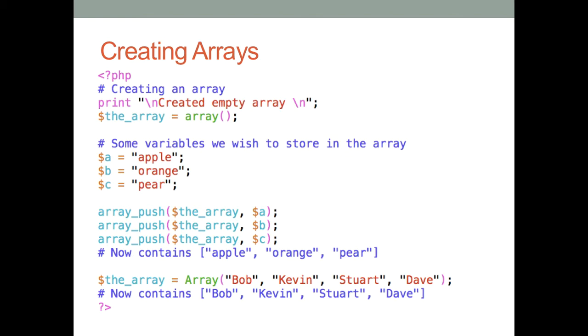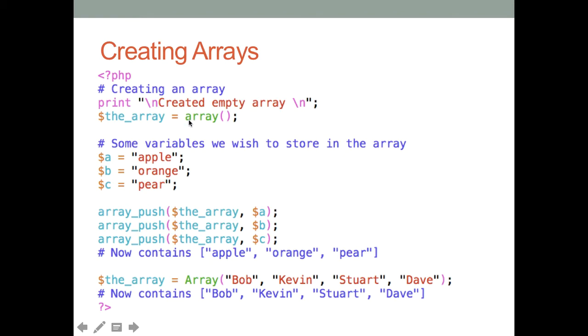Okay, to create an array, we give it a variable name. So this is the variable that we use to refer to our array. And we use this array keyword. Now don't worry too much about why it's got these empty brackets.